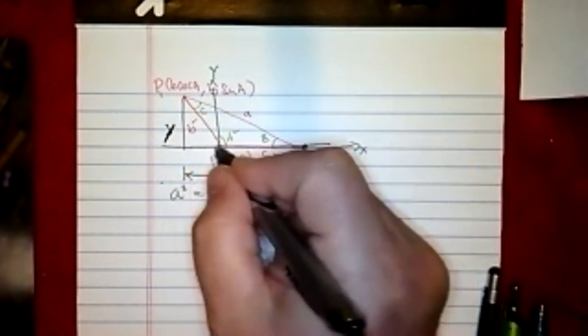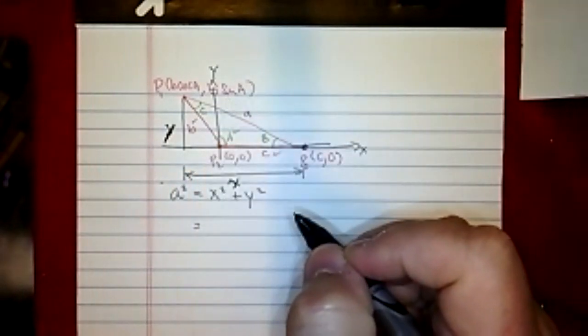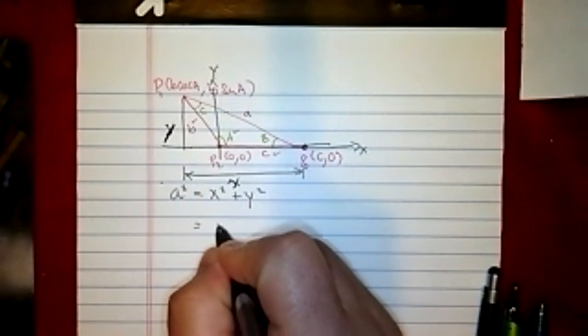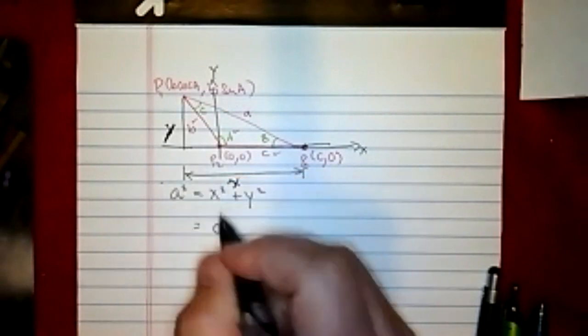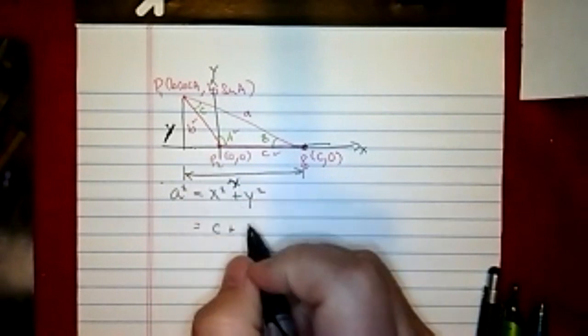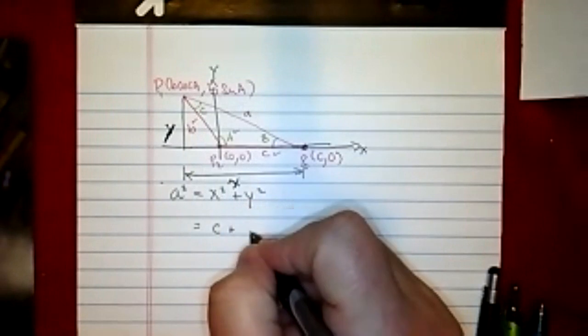So I know that x, if I look at this, I can see that the x is this distance, which is c, plus this distance, which is b sine A. The y, which is this distance, is just b cosine A. So what I'm going to do is take the x, which is c, so that's from here to here, plus this, which is the x coordinate of this, which is b cosine theta.